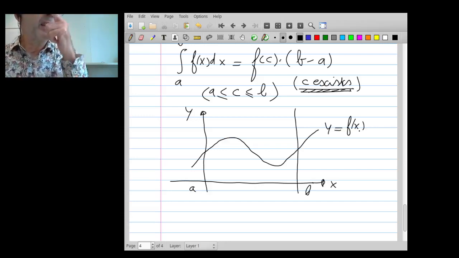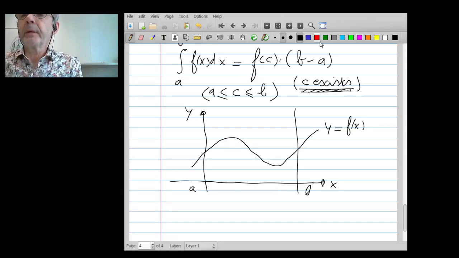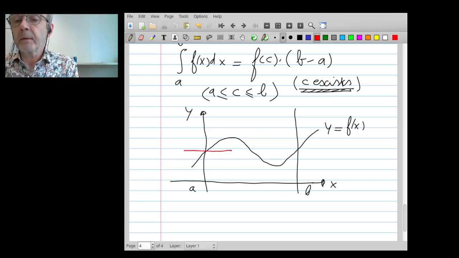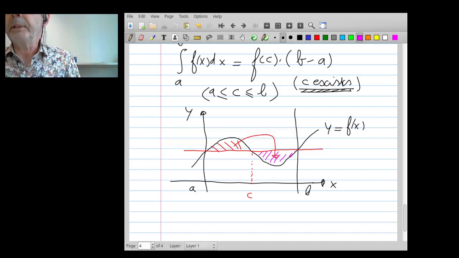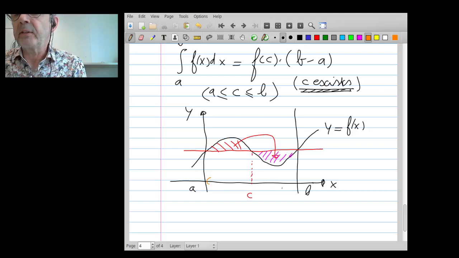Now, there will be some c. I don't know if this really is the case here, but maybe here you have your c, and then this area here you can put into there. And then you see that your integral from a to b becomes equal to the area of the length of that interval ab times the value at c.